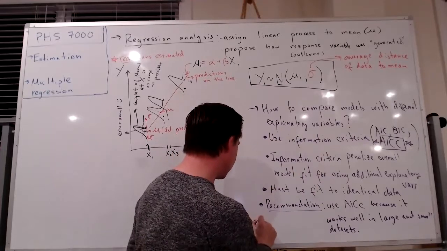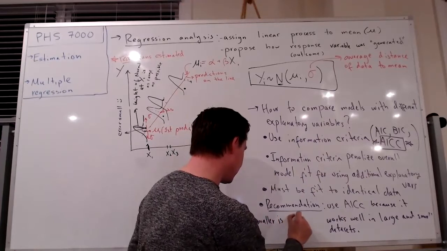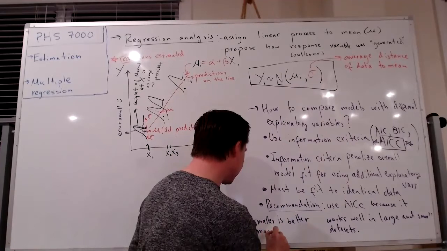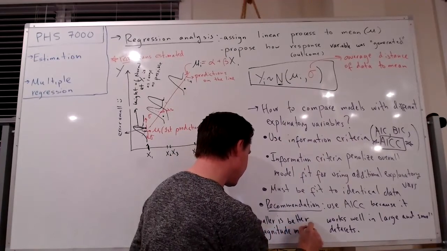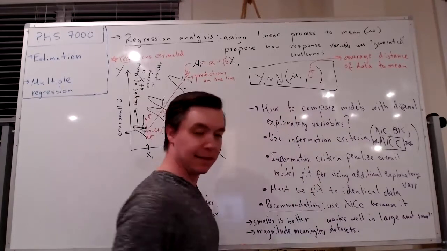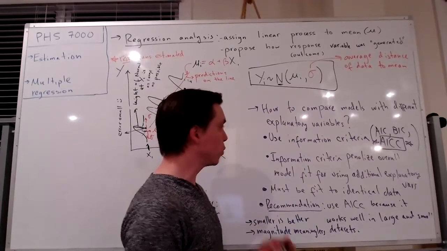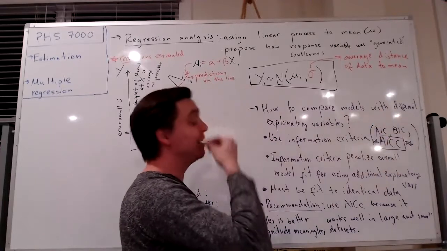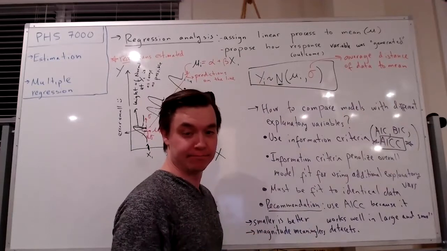Smaller is better. The magnitude is meaningless. So you are only using this criteria to compare different models, for which one does not overfit your data, does not estimate too many things for what you need.